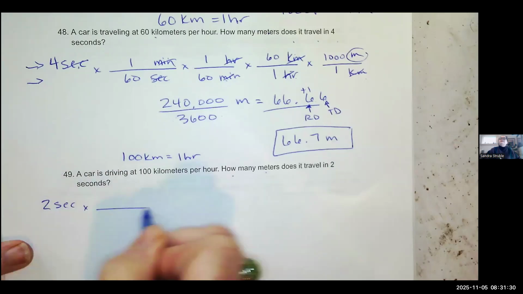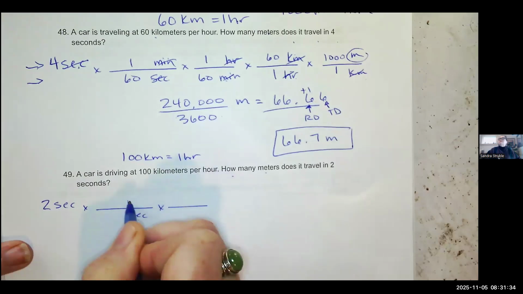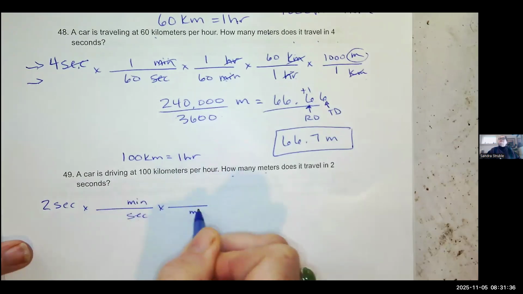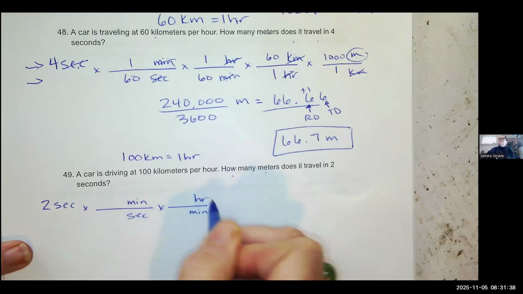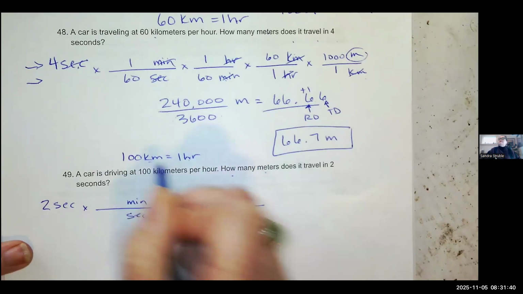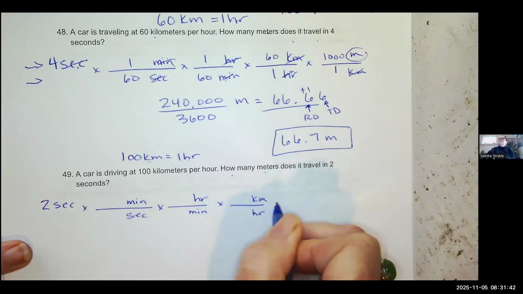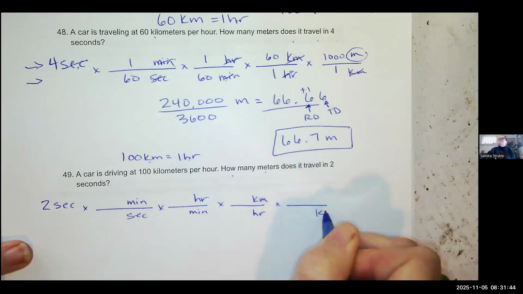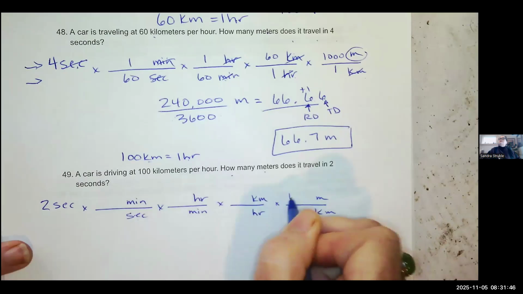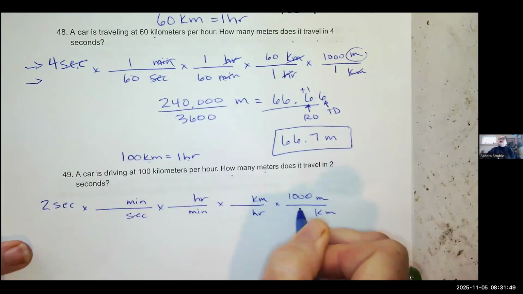So we're going from seconds to minutes, minutes to hour, and then we can go from hours to kilometers, and we can go from kilometers to meters. We know there's 1,000 meters in a kilometer. We're doing 100 kilometers per hour.